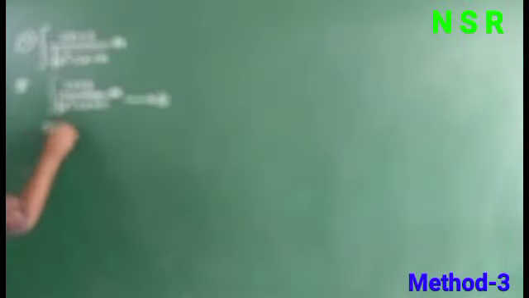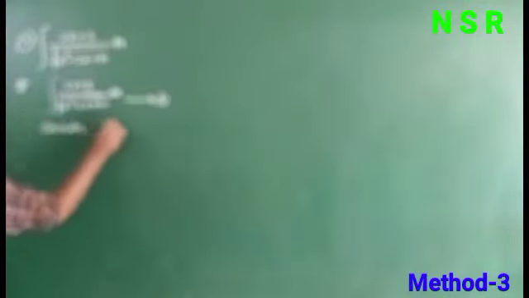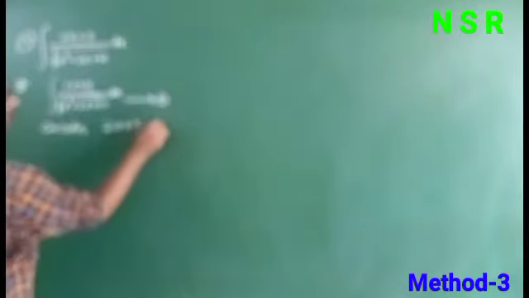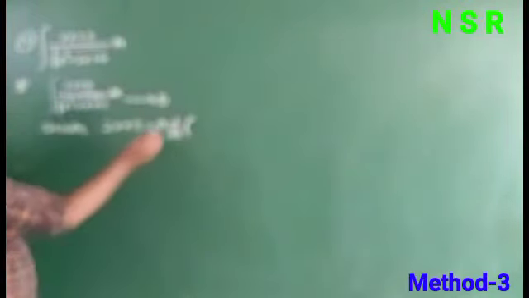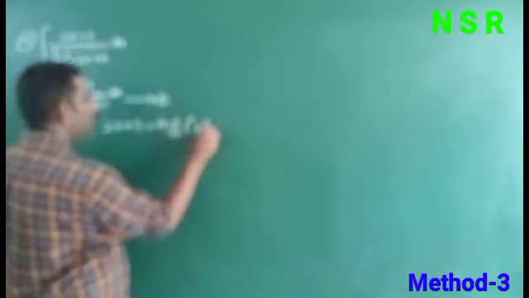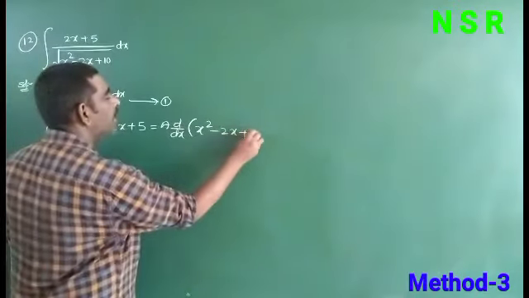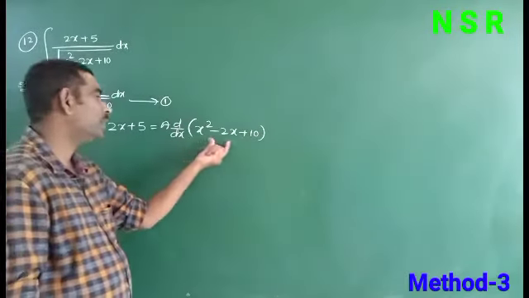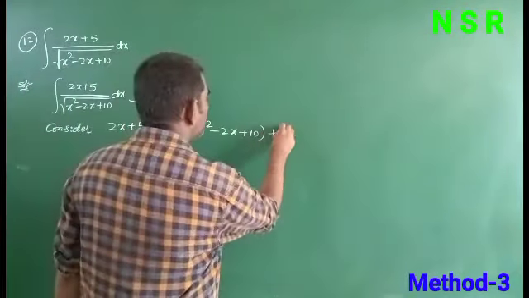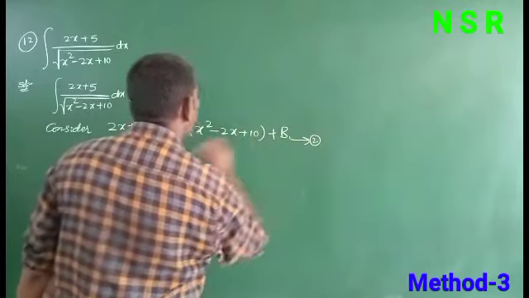Next, consider px plus q, that is 2x plus 5, equal to A into d by dx of (ax square plus bx plus c). Don't write the root here, we write only the ax square plus bx plus c value. So in its place we have x square minus 2x plus 10, plus B. Take it as equation number 2.